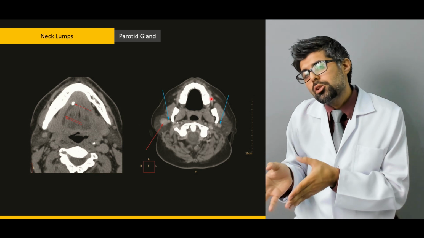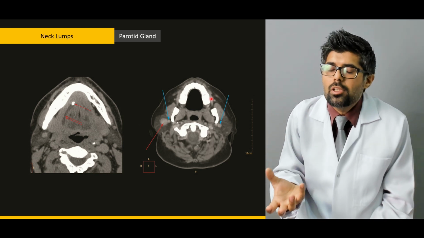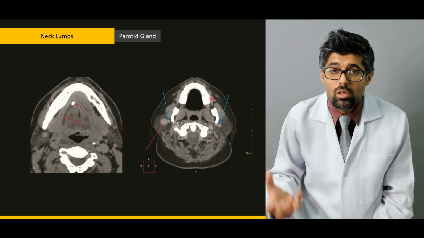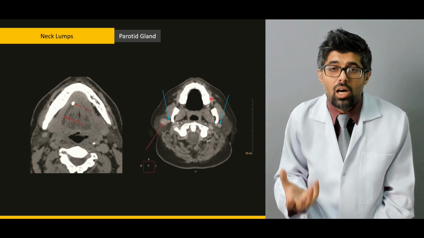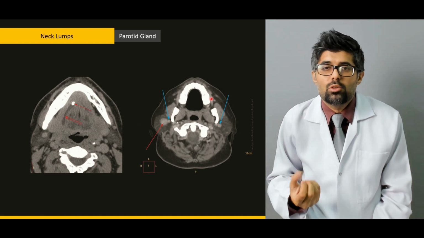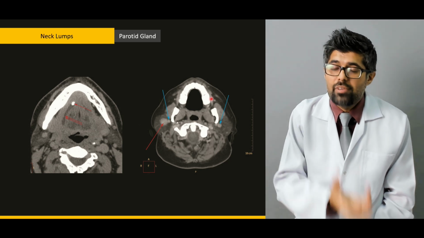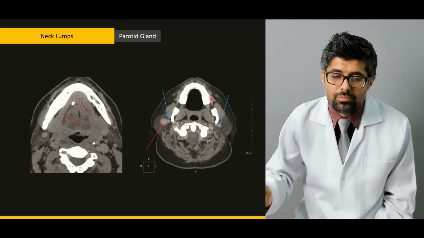In Sjogren's syndrome, there is a swelling of the parotid gland along with the dryness of the eyes, and the lacrimal duct is also compromised. It's an autoimmune disease which affects the parotid gland.